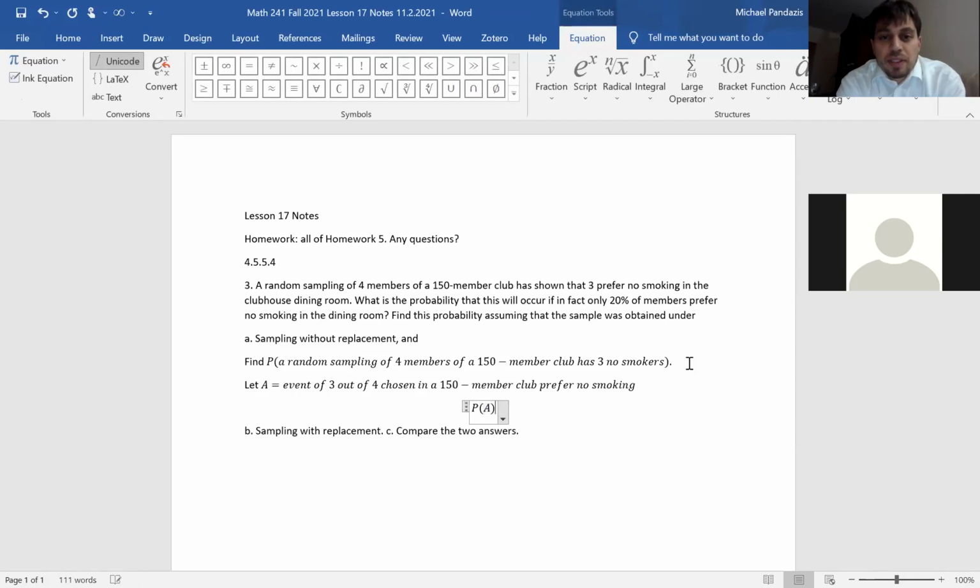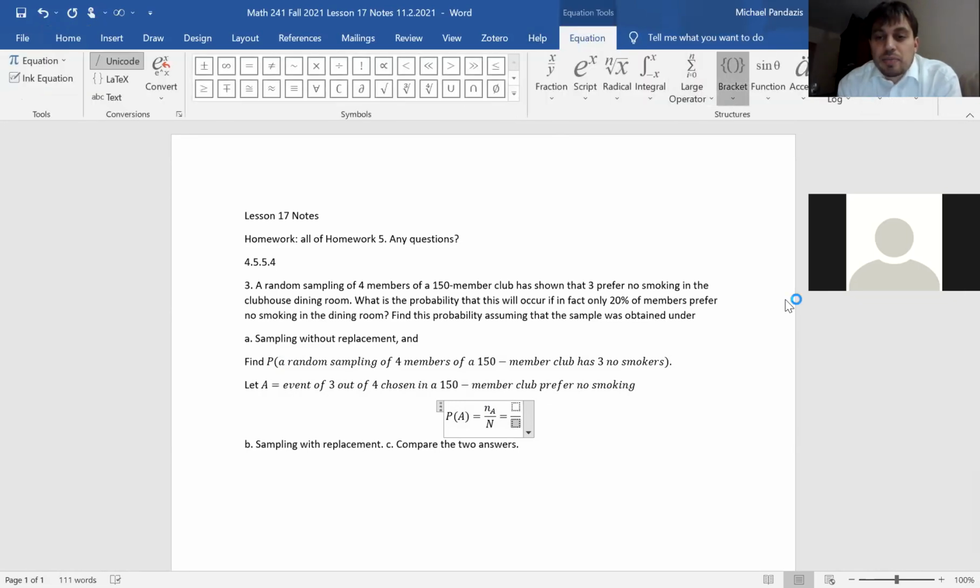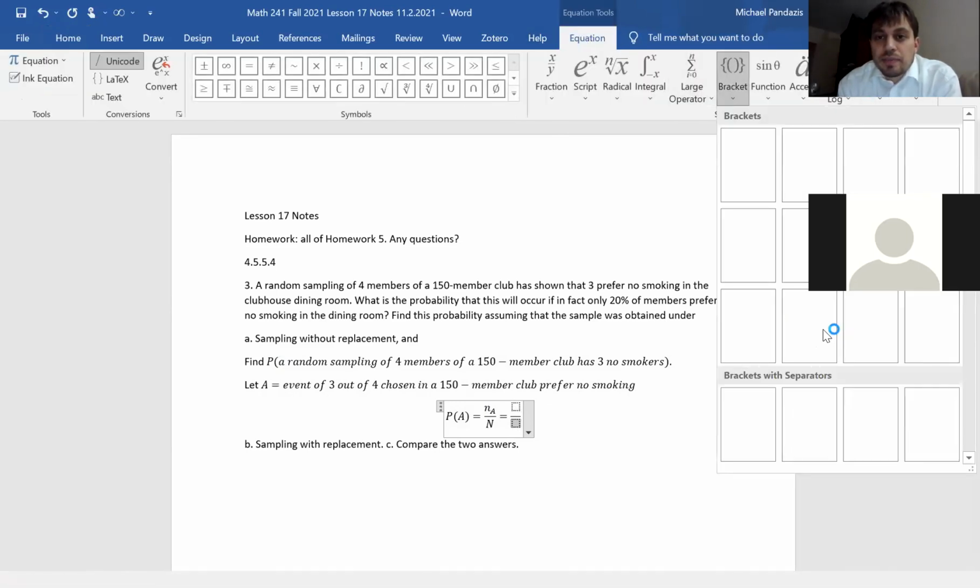We want to find the probability of A. So that's equal to n sub A over n. The denominator is the number of ways to choose. So this is without replacement, so you're not replacing the members each time.